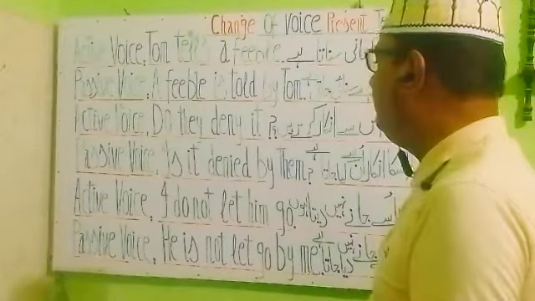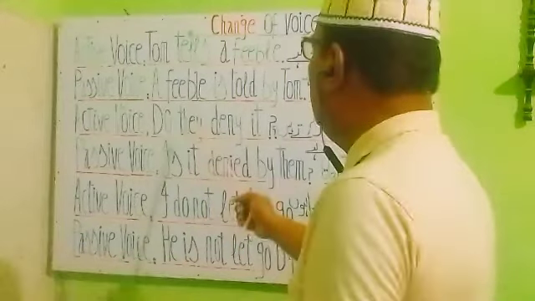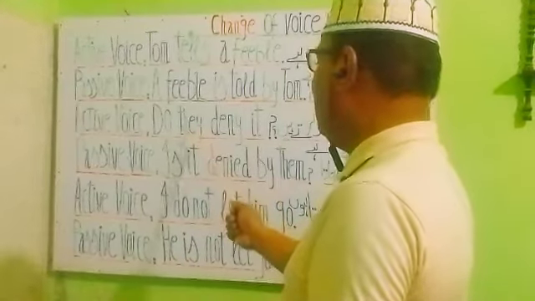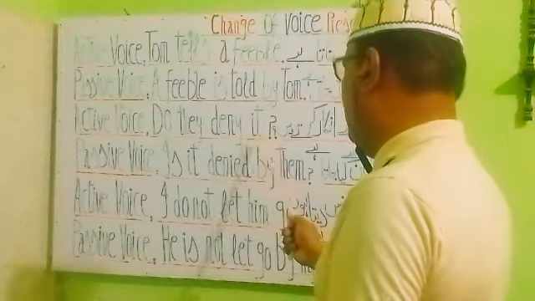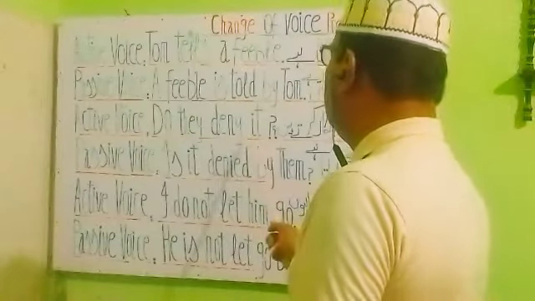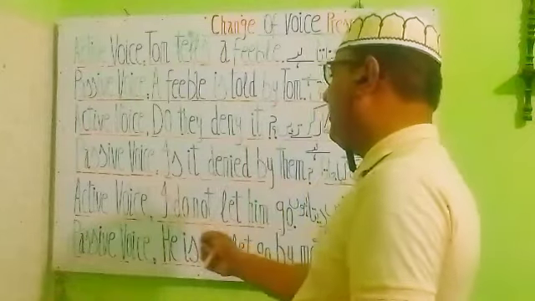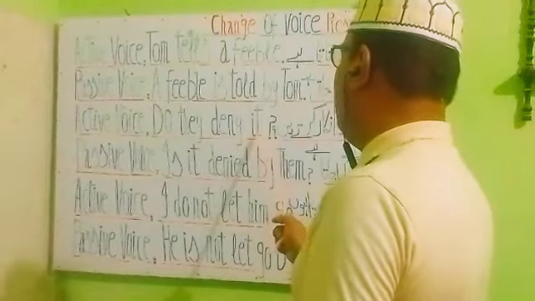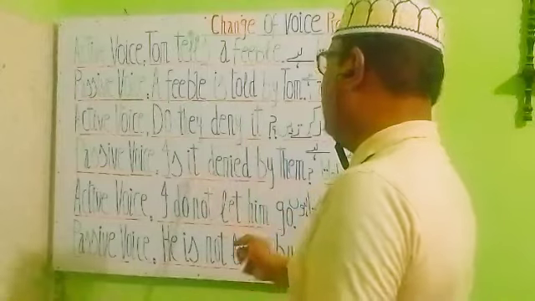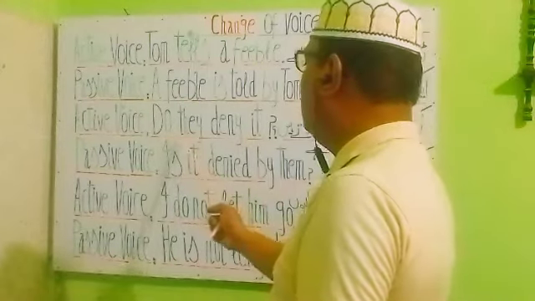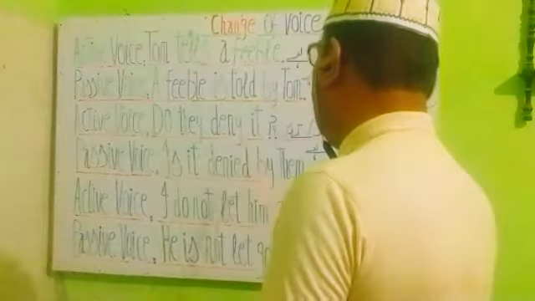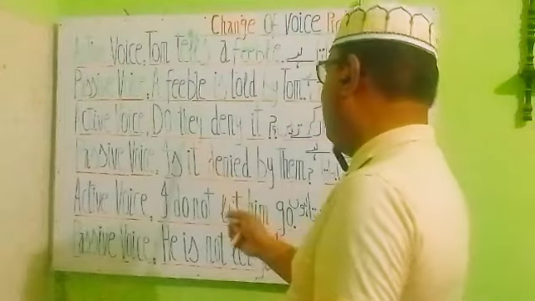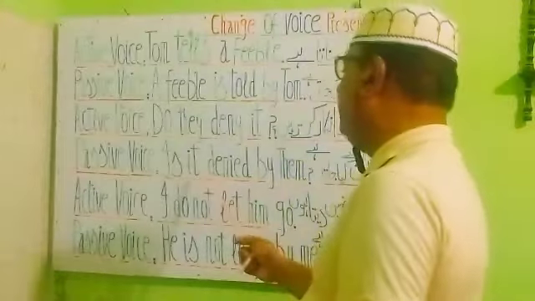You see that here they is a subject, deny is a verb, and it is an object. By rules, when we write the passive voice statement, it will become the subject and they will go to the place of the object, and the objective form of they is them.